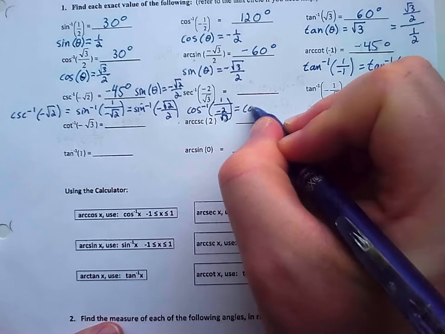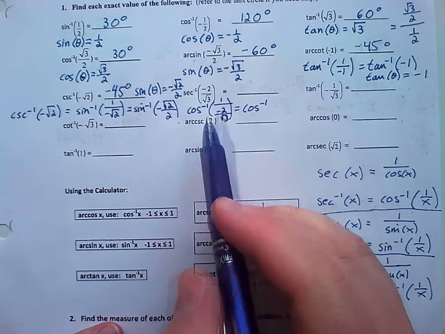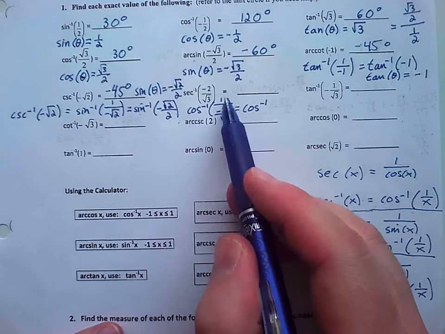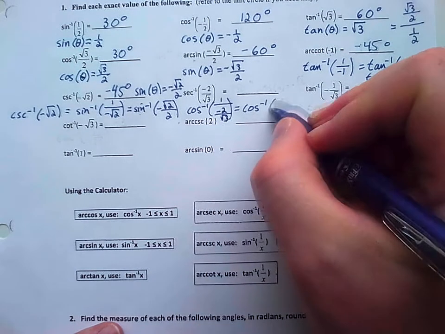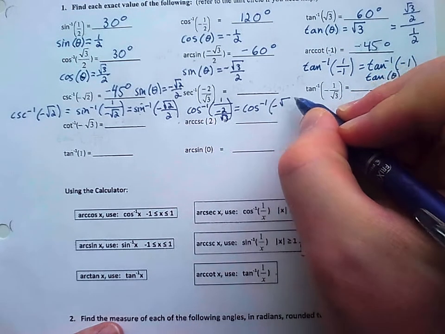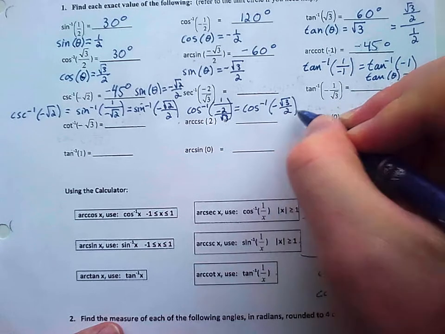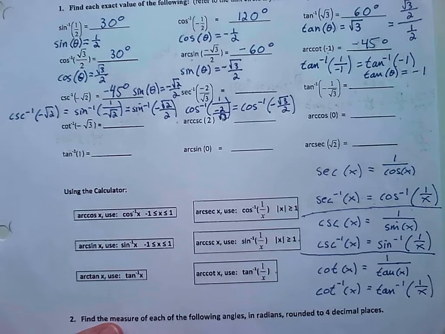Now, we can rewrite the arc cosine of 1 over negative 2 divided by the square root of 3 as simply negative square root of 3 divided by 2.